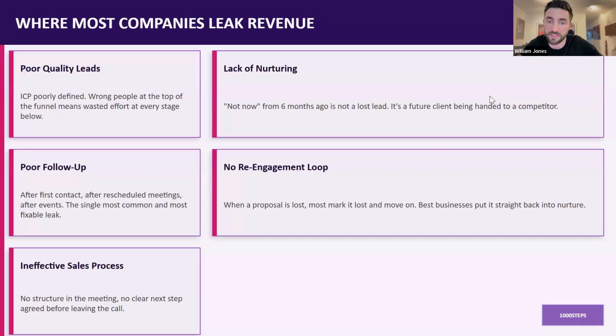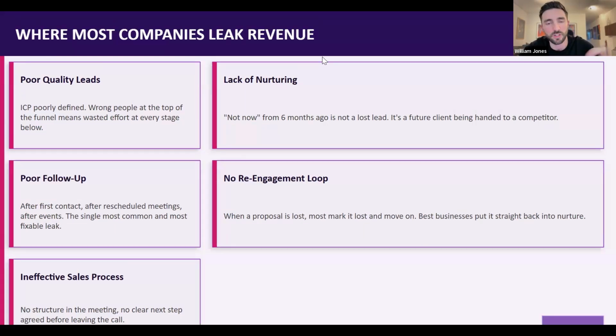Awesome. And then in terms of leakage, right? Leakage has two main elements: the volume of what's coming through and then what's leaking out of our process. So leakage can come in all sorts of different ways. These are a few ideas: lack of nurturing and lack of re-engagement, right? So you had a great meeting with someone, they're not ready, you never contact them again.